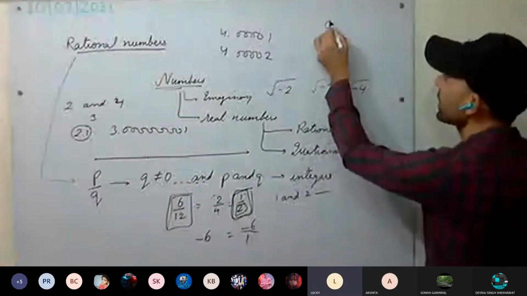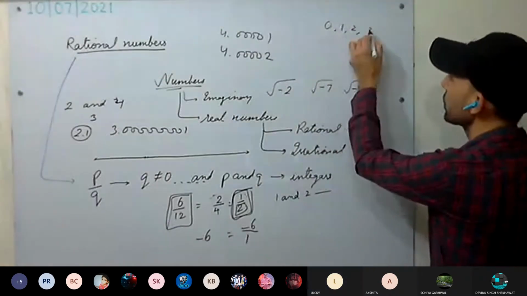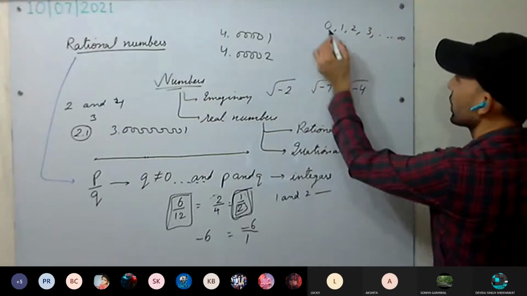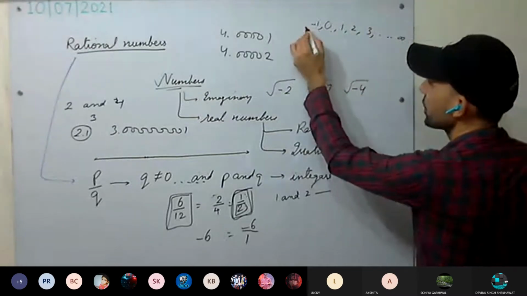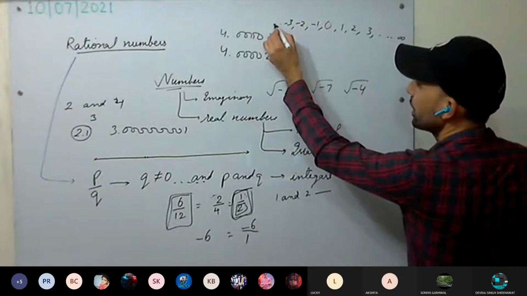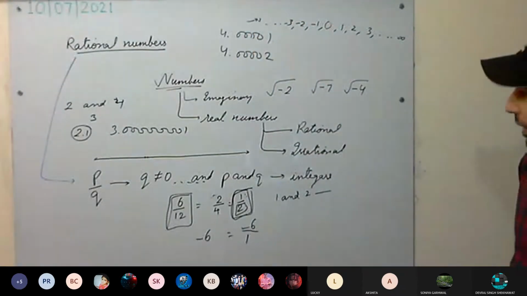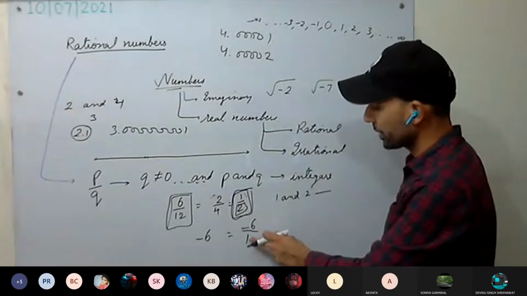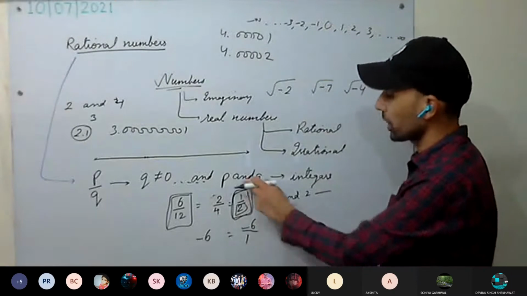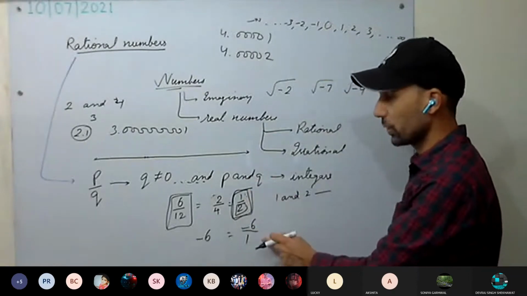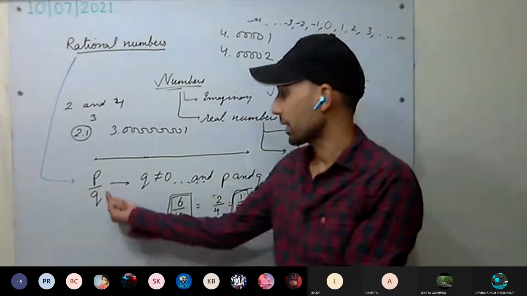Okay, so you have 0, then positive numbers 1, 2, 3, 4 up to infinity, and similarly minus 1, minus 2, minus 3 up to minus infinity. These are called integers. So P is minus 6, Q is 1. Both are integers, Q is not equal to 0, that is fine.